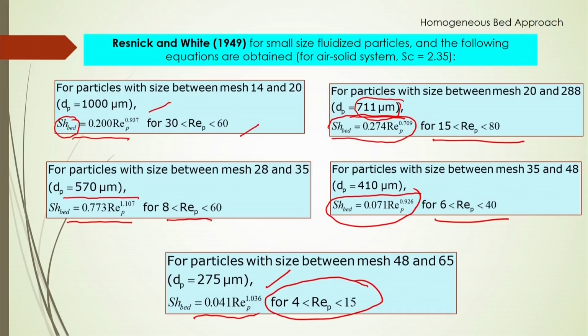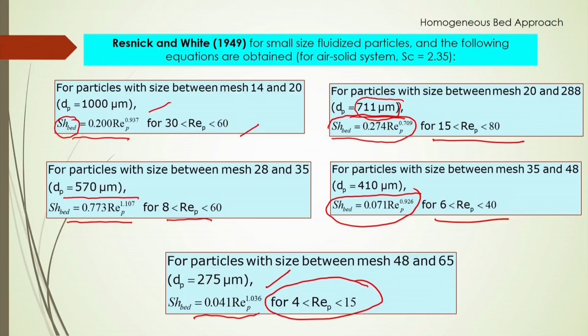By dimensional analysis, you can have different correlations based on your experimental data, and this mass transfer coefficient can then be represented by different non-dimensional groups.